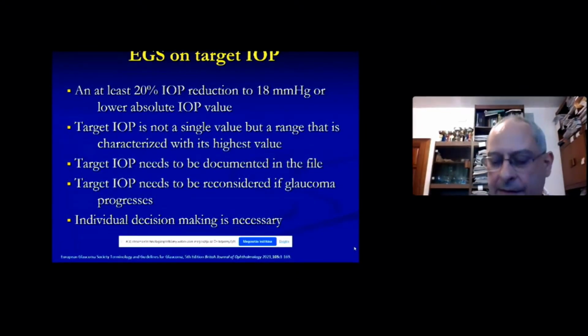Once again, individual decision making is essential. Not everybody should be considered a candidate for the same cutoff values, since the damage is different, the age is different, the life expectancy is different, and there are several other factors.